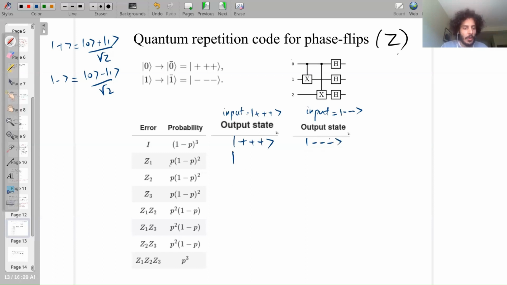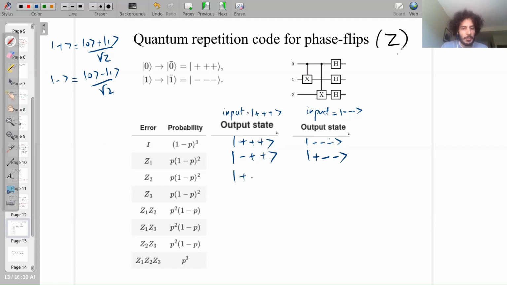When you have a Z1 error, remember that when Z acts on the plus state, this plus sign will turn into a minus sign, because Z acting on 0 just gives 0, and Z acting on 1 gives a minus sign. So you get a minus plus plus, right? And on this side, minus will actually convert to plus.